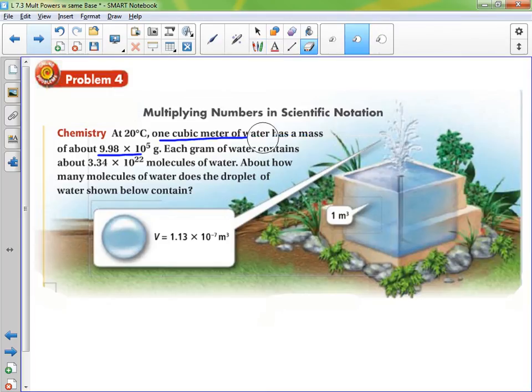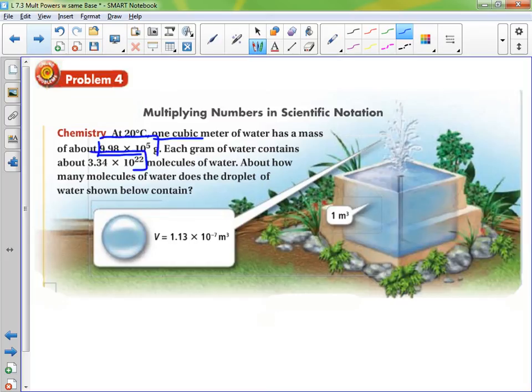Each gram of water contains about 3.34 times 10 to the 22nd molecules. So you could say that 1 cubic meter of water has this many grams times this many molecules. And then the final sentence asks the question about how many molecules of water the droplet of water shown below contains.